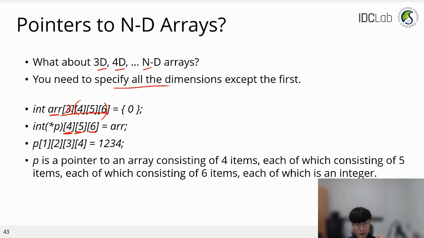So p is a pointer to an array consisting of 4 items, each of which consists of 5 items, each of which consists of 6 items, each of which is an integer. So you can store the memory address of arr in this pointer, and you can access the original multidimensional array via this pointer like this. Alright, so so far we have covered the 3 most common cases where we use pointers in function arguments.